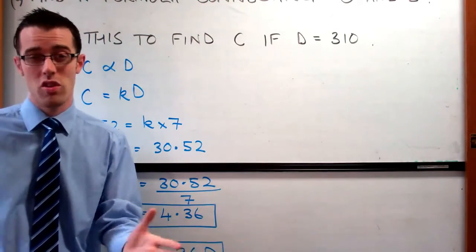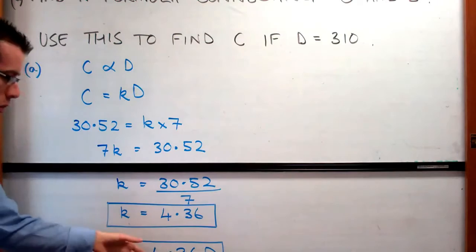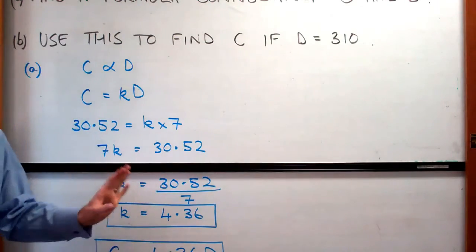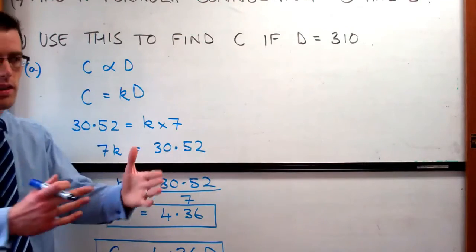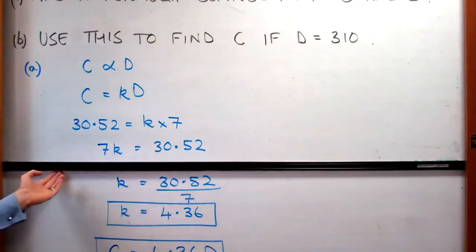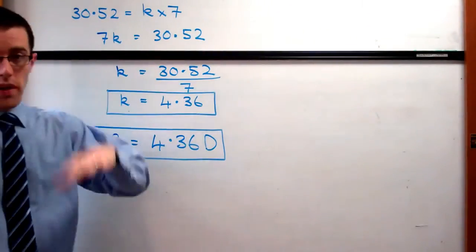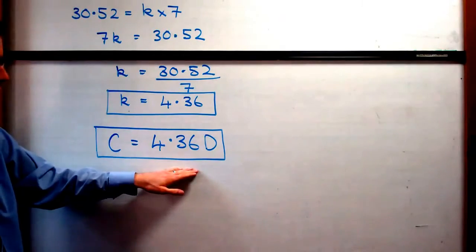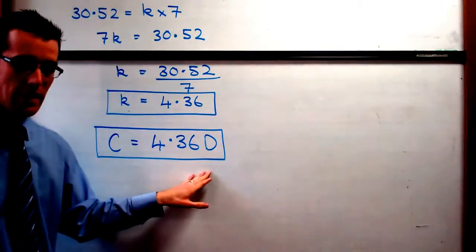Remember, a constant is just a number. In this case it's 4.36, it could be 2, it could be 10, it could be 0.5, it's just a number that we multiply by to get to the next value. So, working through the algebra, and remember you can rewind this if you want, you get to 4.36 and we get a formula relating C and D together.